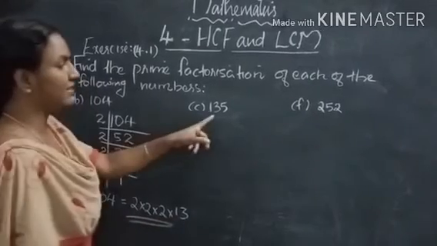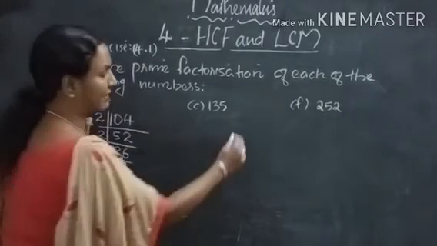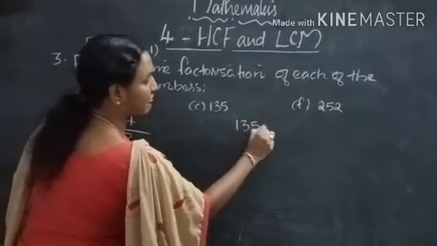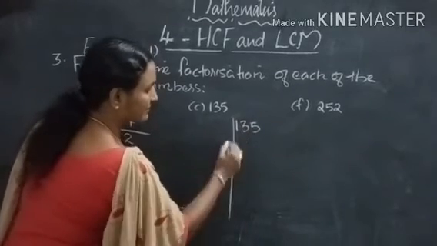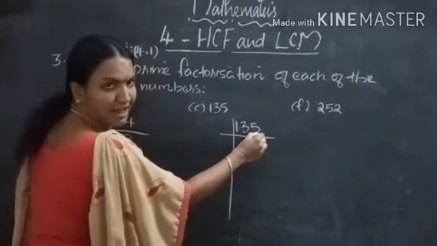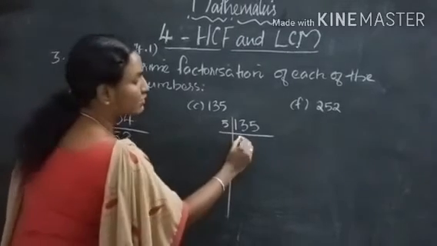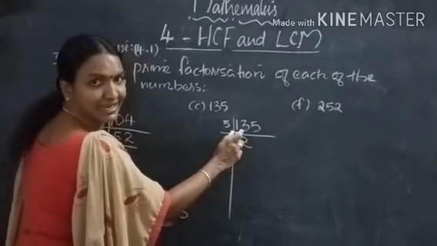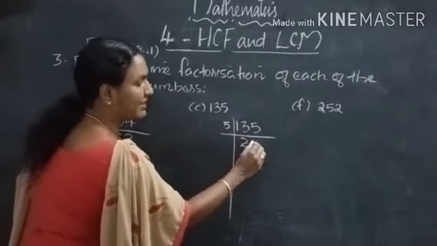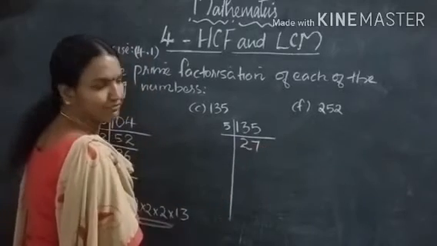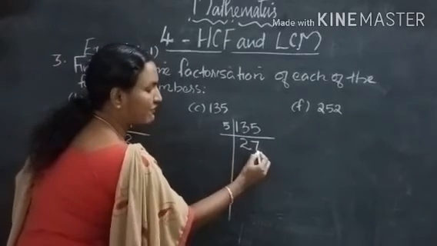The next question, 135. Unit place is 5. So start with 5. 2 5s are 10. Then balance 3, 35. 7 5s are 35. Here 27.